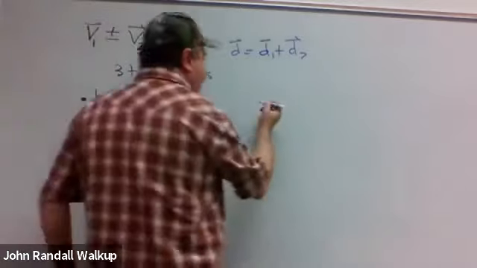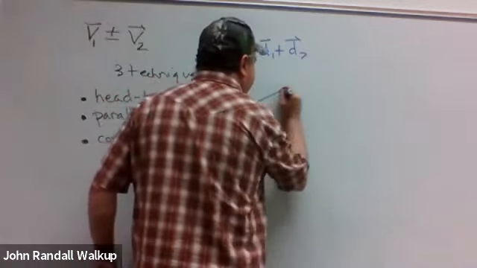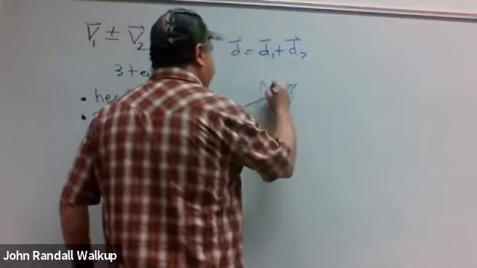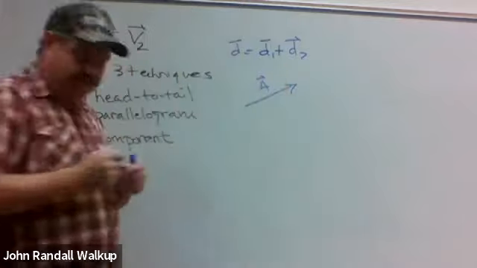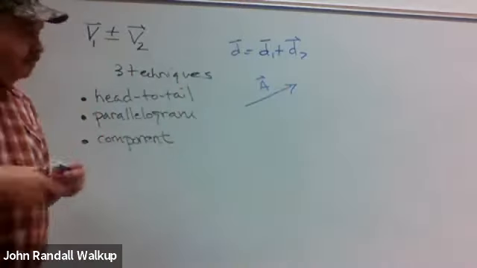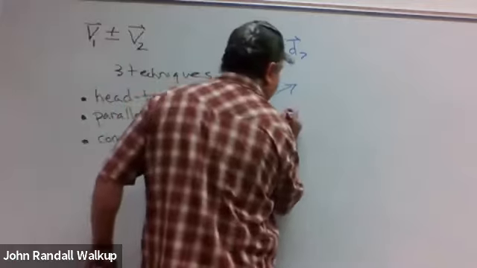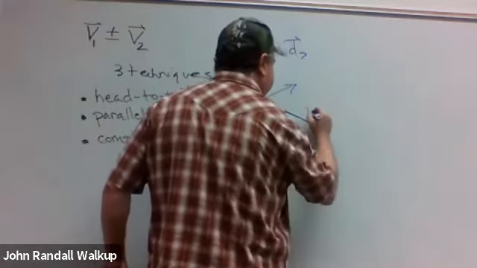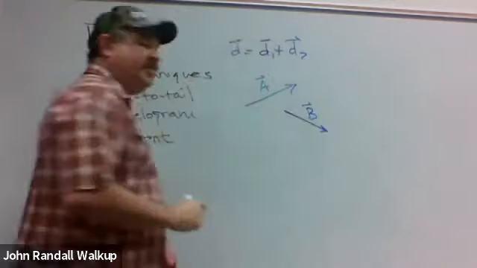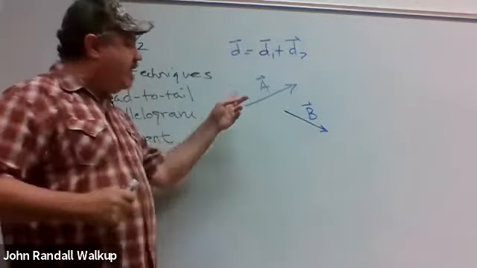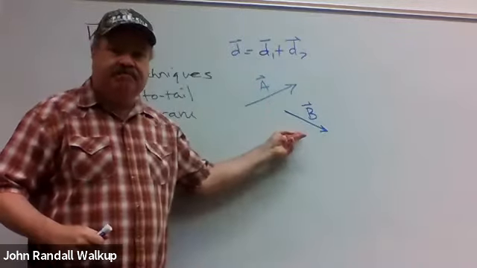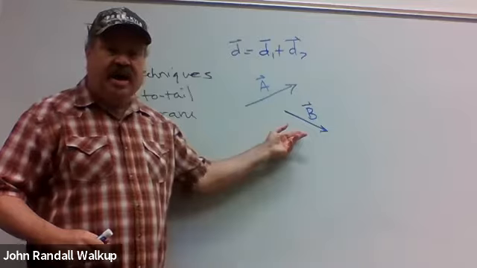So here we have vector A, just a label. Vector B. And I want to add these two vectors. Okay.